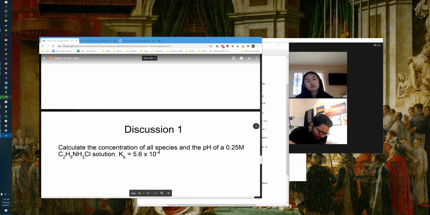And then B, we just have to calculate the Kb. So Kb is equal to, okay, the bottom will be 0.035 and the top I guess would just be 2.1 E negative 3 squared.